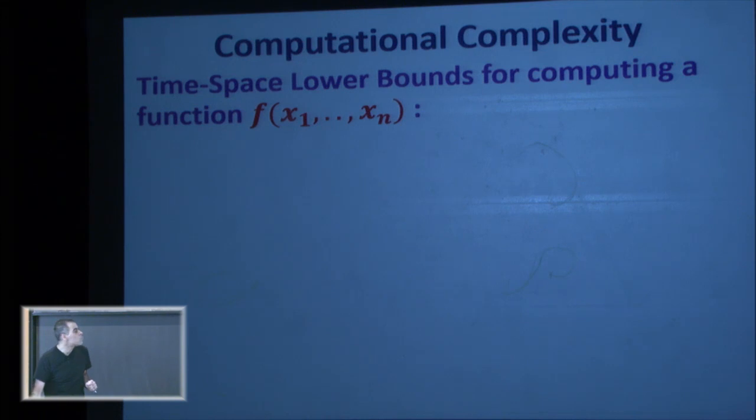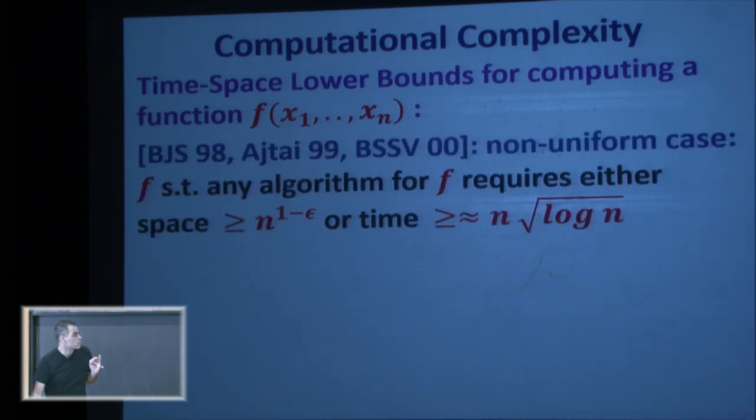Actually, there are two very beautiful lines of research that I want to mention. One that studied the non-uniform case, that is non-uniform model of computation. Actually, the model of computation that is used is branching program, and this is also the model of computation that I'm going to use in this talk, in my work.